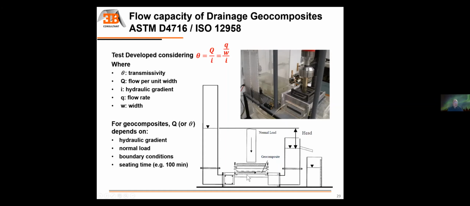That allows determination of the flow under a given gradient, a given normal load, and the sitting time. So again, geosynthetics can creep. They are polymeric materials, so the longer we wait to do a measurement, the lower, in some cases, the flow we're going to get out of the product. Sometimes it's similar, but sometimes it's lower.